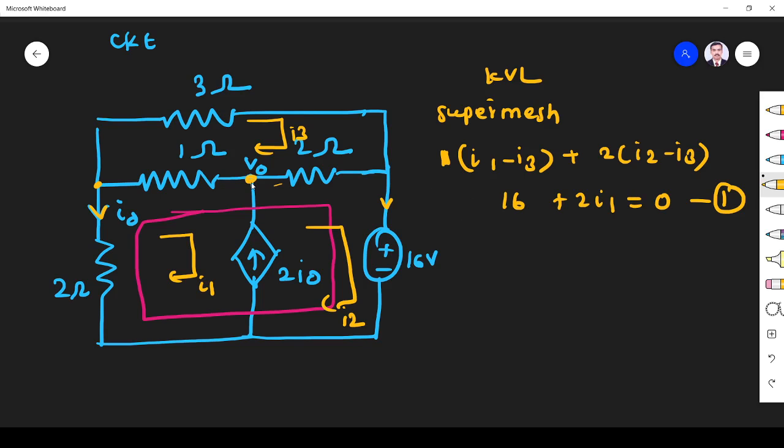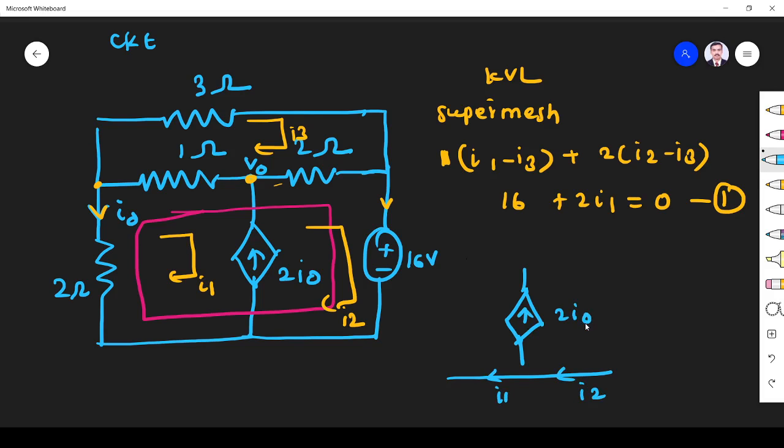Then what we have to do is apply KCL at the super mesh branch. Here, what is the current coming through this? If you take it here, it will create confusion. So we take KCL at the bottom. You see here I2 comes in, here I1 goes out, here 2I0.